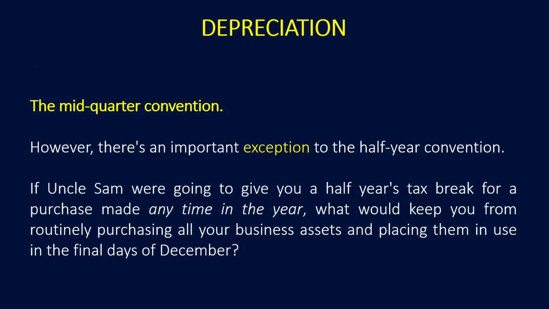Now you may also hear the term somewhere down the line, the mid-quarter convention. There's an important exception to the half-year convention that we just went over. If Uncle Sam were going to give you a half-year's tax break for a purchase made any time in the year, then what would keep you from routinely purchasing all your business assets and placing them in service in the final days of December?